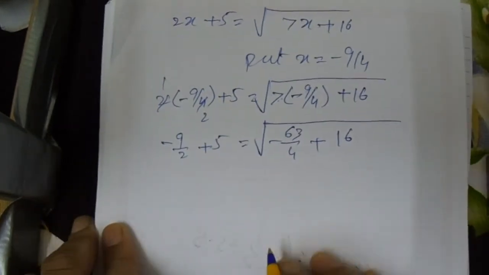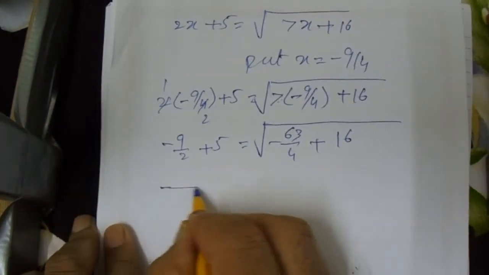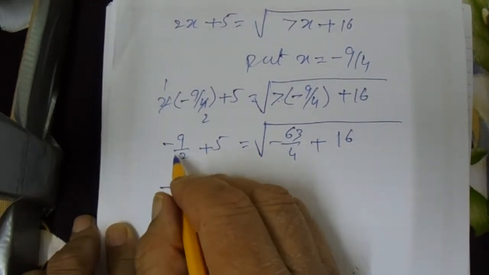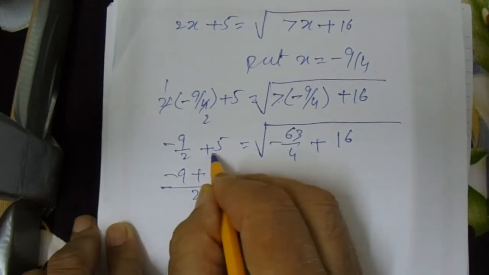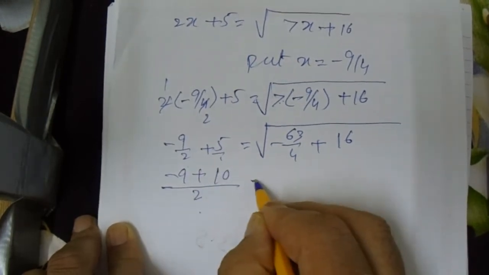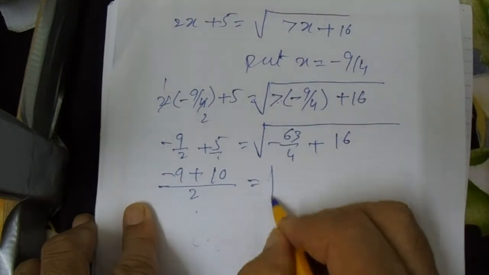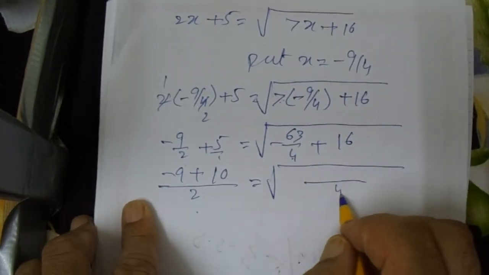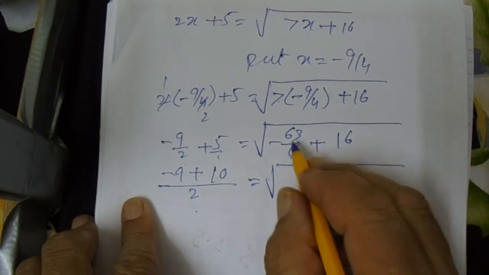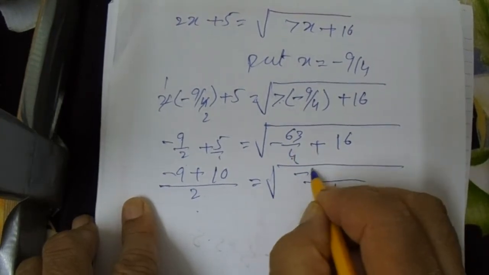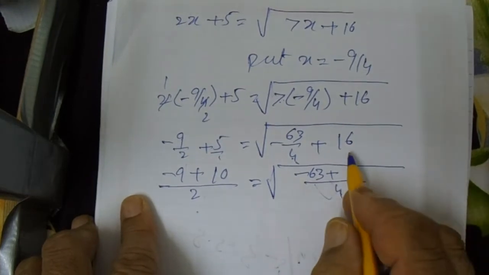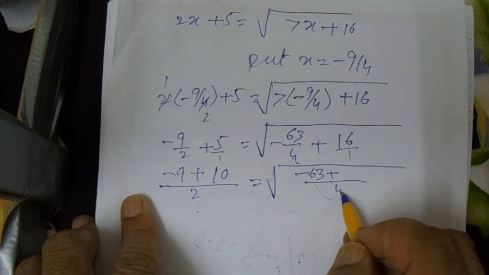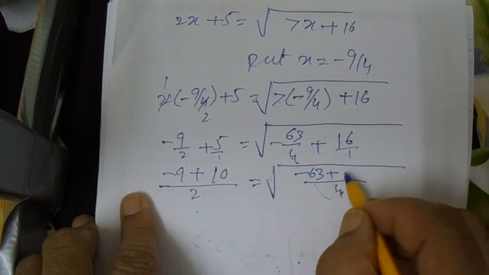Here again minus, we take LCM of this 2. 2 2s are 1, 1 1 multiple minus 9, or here also 1 2 and 10 is equal to, here also we take 4 as an LCM. 4 divided by 4 is 1, multiple 63 minus 63 here, and plus 1 divided by 4, and 4 multiplied by 16 is 64.